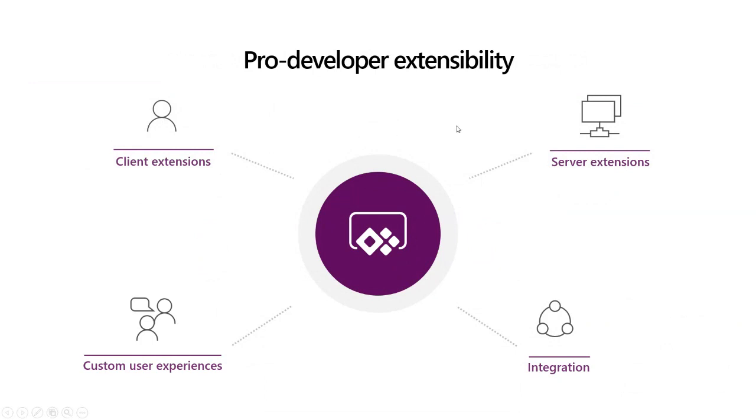So you have the server extension, and you can have the client extension. For the model-driven app, you can write your own JavaScript, the client-side scripting, to interact with the user and do some business logic as well.